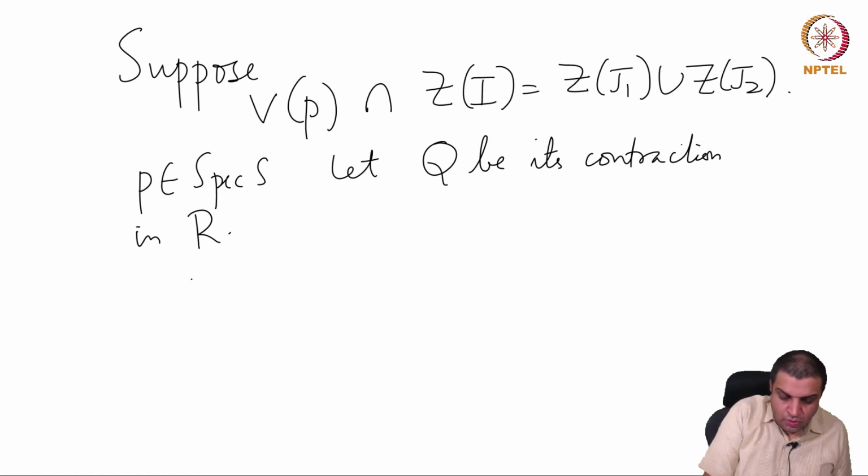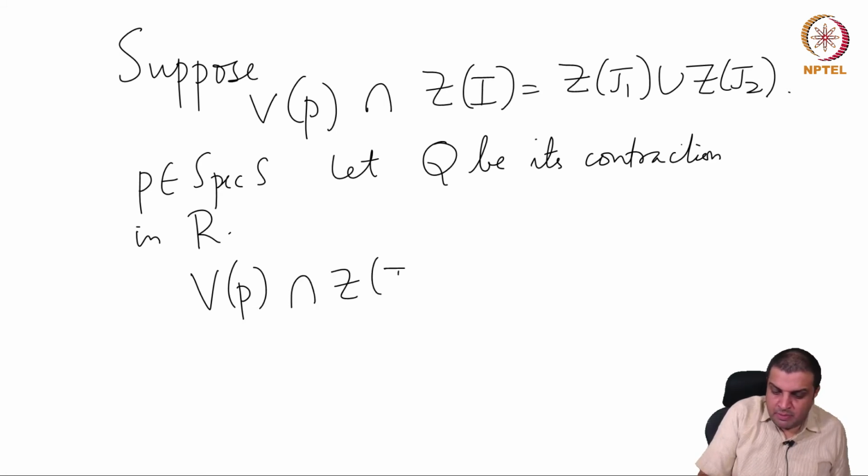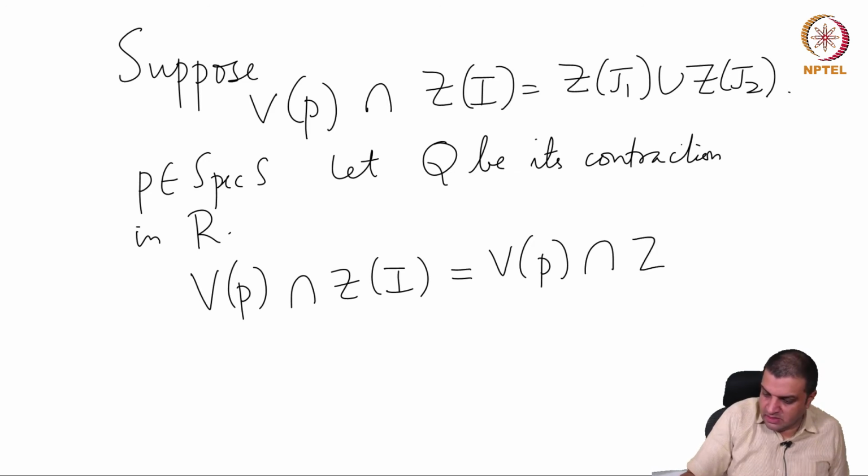And notice that V of P intersect Z of I. So here Q is an ideal of S, so Q contains I. I mean, P is an ideal of S, so Q contains I. So this is the same thing as V of P intersect Z of Q itself.